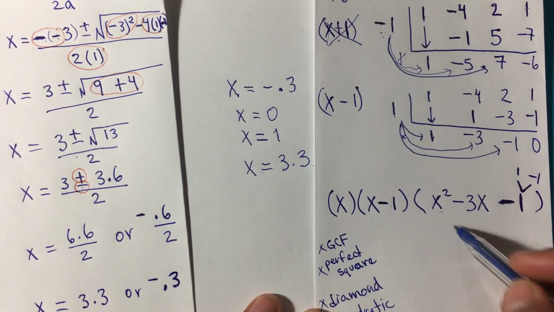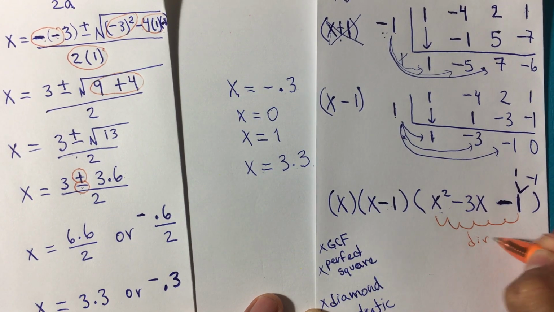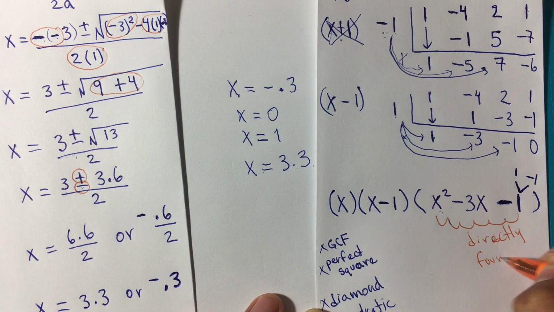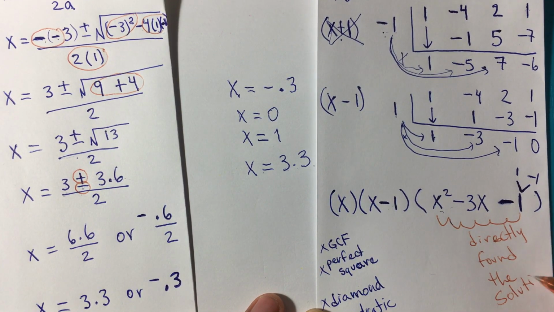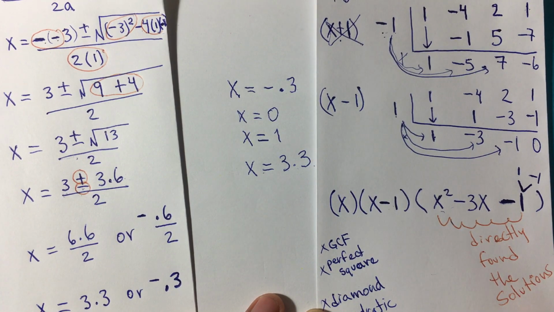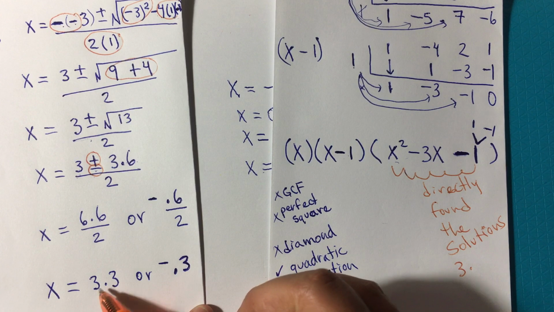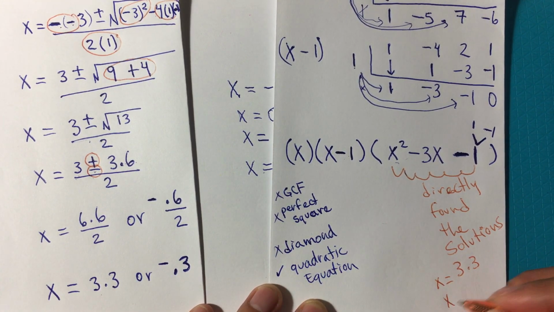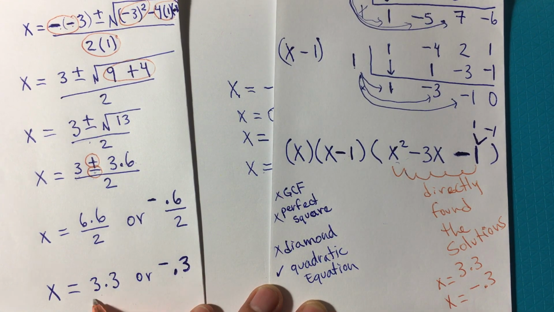So with this one, we directly found the solutions, which were 3.3, right here, and negative 0.3, okay? These two.